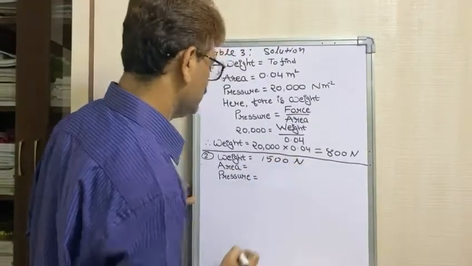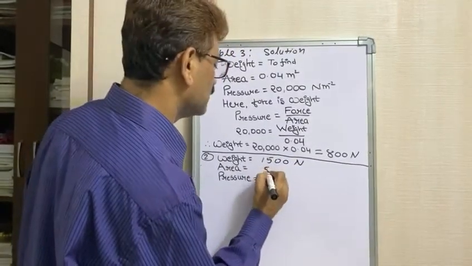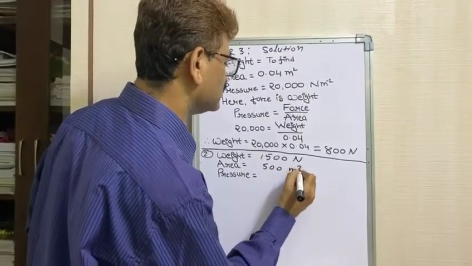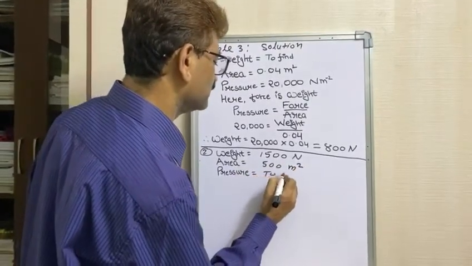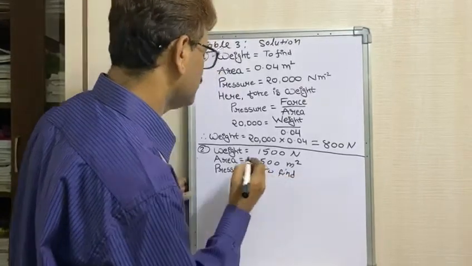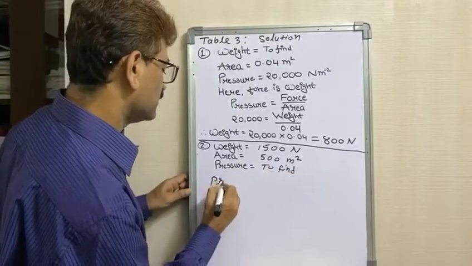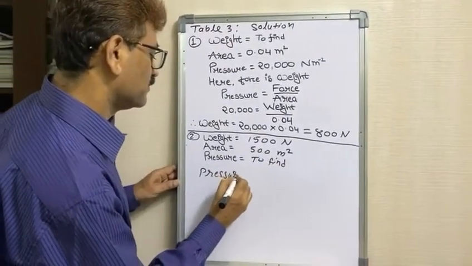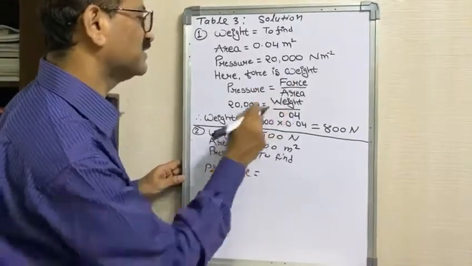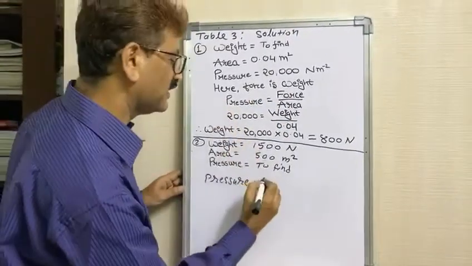Now in the second question, weight is 1500 Newton. Area is given, that is 500 meters square. What we have to find? Pressure. So now here we can apply the formula: pressure is equal to force upon area. In place of force, we can write weight.